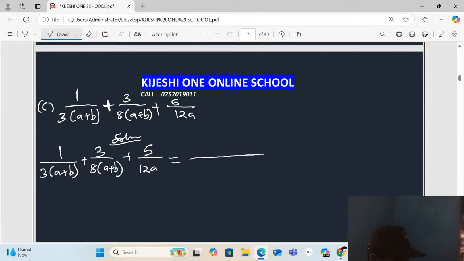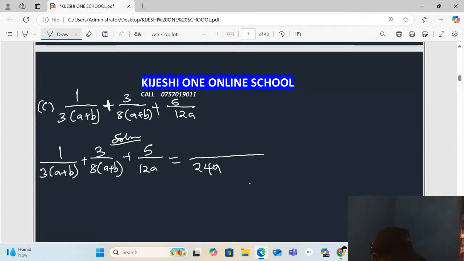You can see A plus B is common in the first two, but we have A in the third. The numbers 3, 8, and 12 have a common LCM, and that is 24. Then we also have A, so 24A.